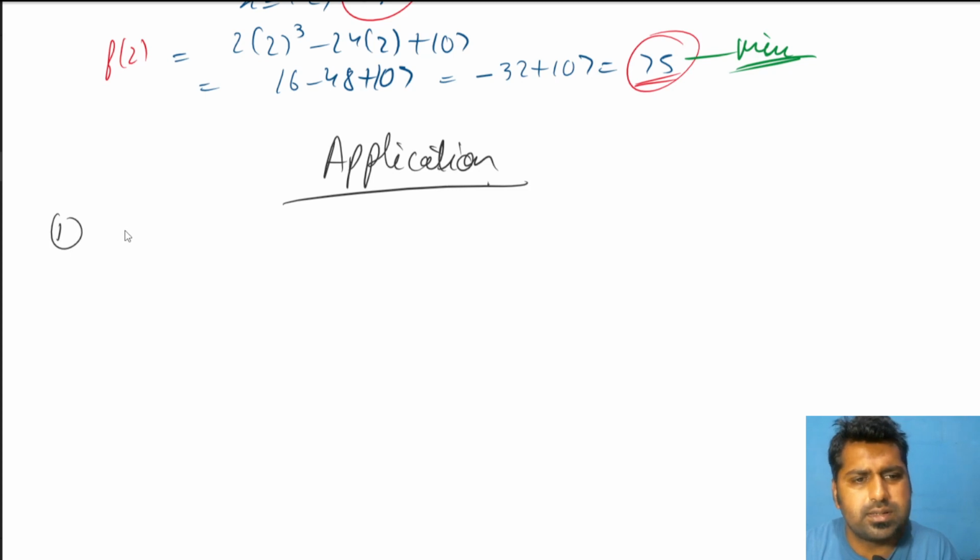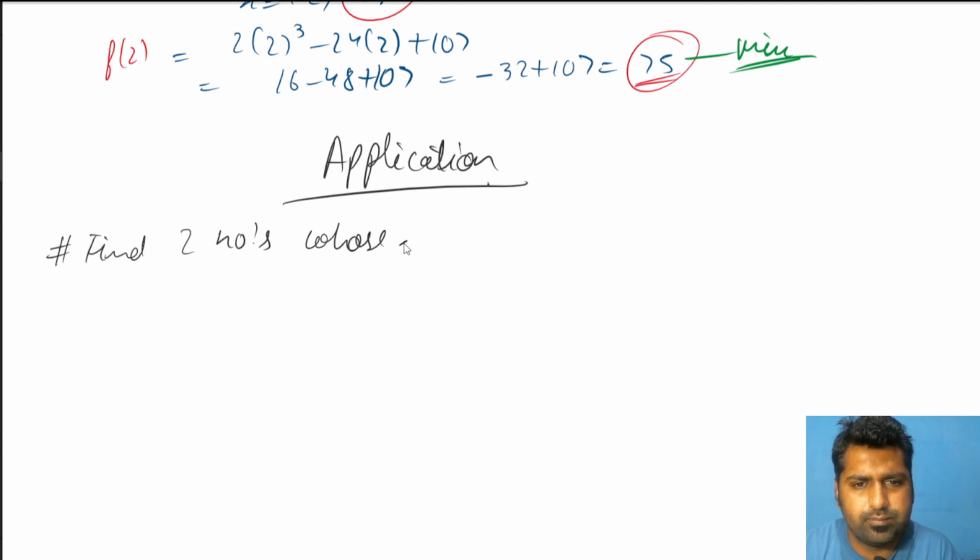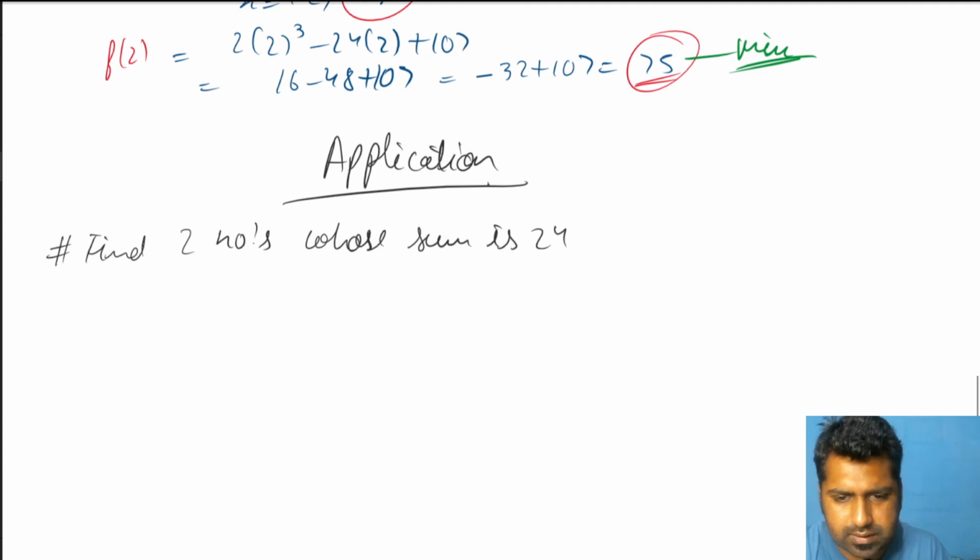The question says find two numbers whose sum is 24. I think this is the same question. Once again, I'll get the printed version of it.